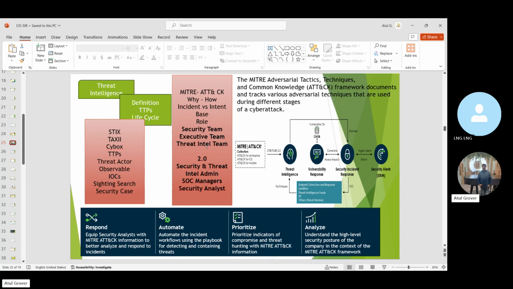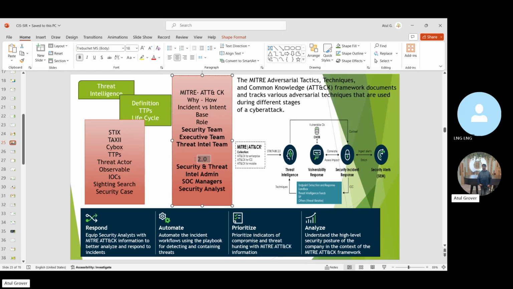If I want to use this, I have to install some plugin, which we already did. The threat intelligence is the main plugin, which we already did. So ServiceNow introduced personas for 2.0.